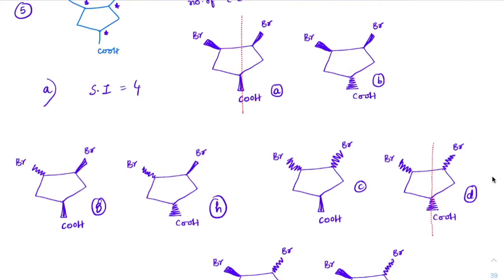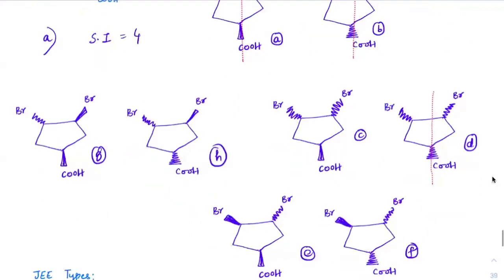B and C are also meso forms. This is one of my favorite questions. This will clear all the concepts. A and D is meso. B and C is meso. Next, check out G and F.